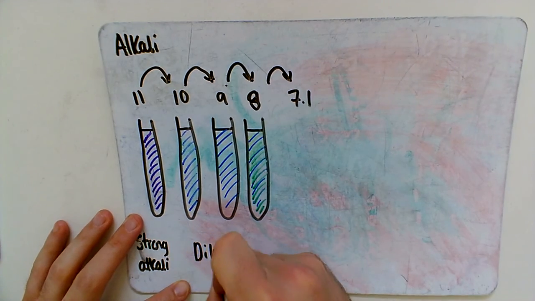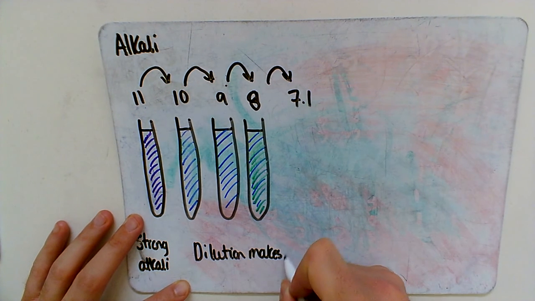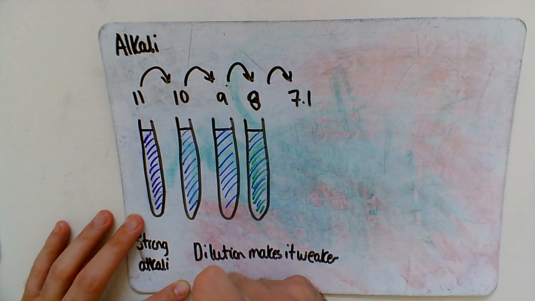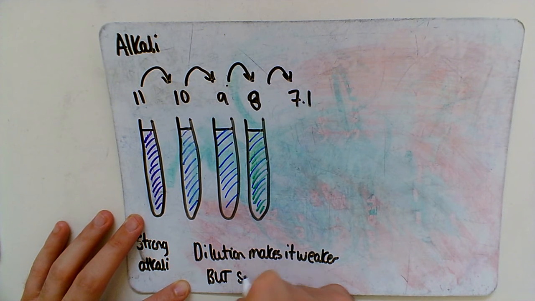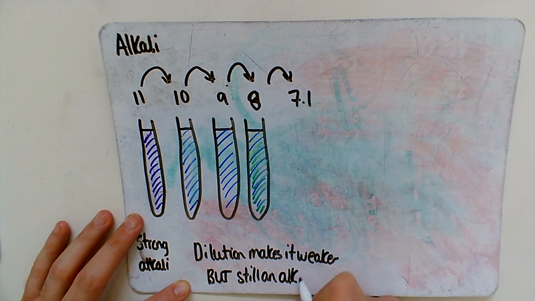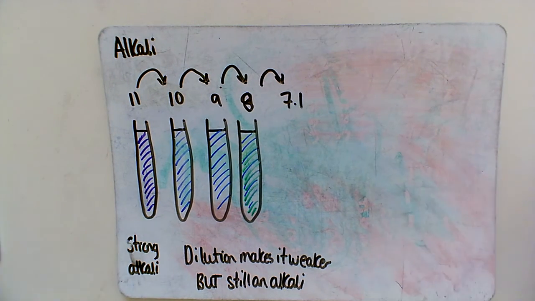dilution makes it weaker, but it's still an alkali. If it's still an alkali, it has to be above pH 7.